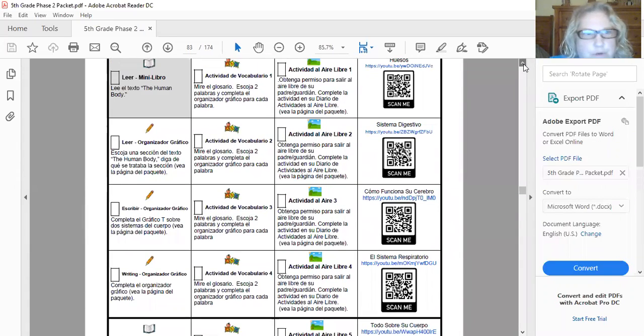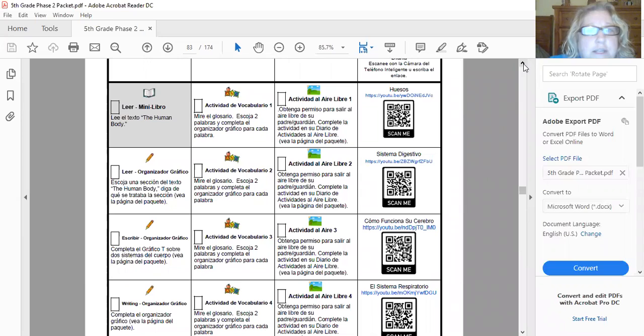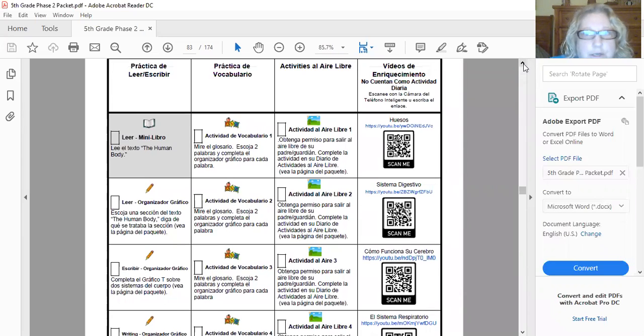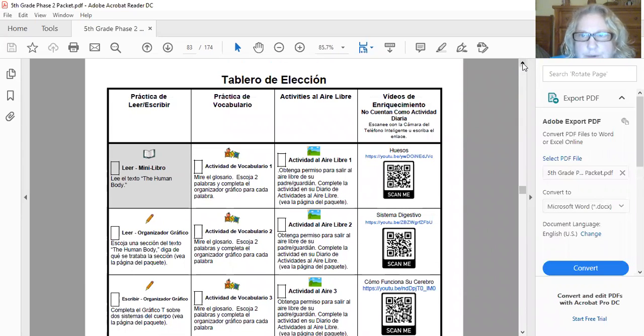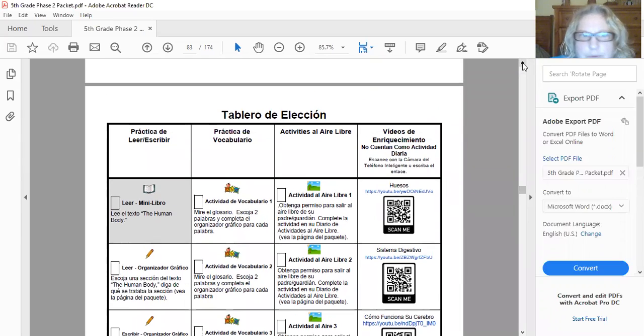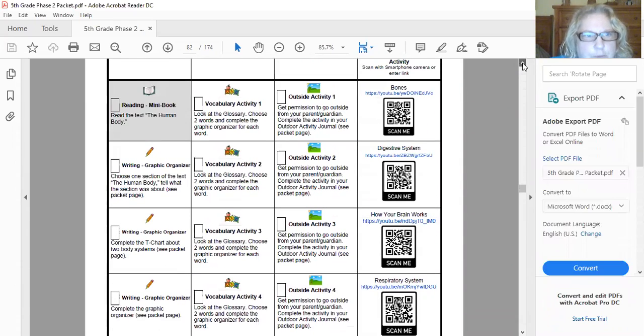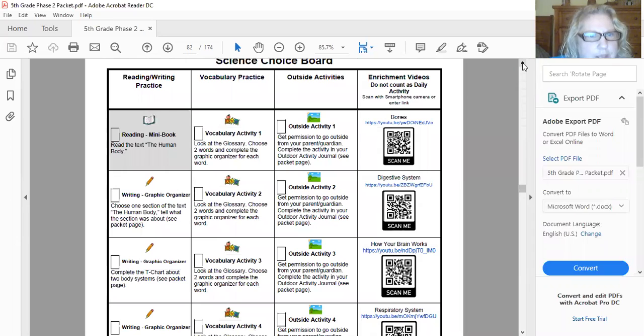Okay, here's the science board, and it is in English and in Spanish. Makes things a lot easier for people, especially if your mom and dad are going to be helping you. So here's all the vocabulary, reading in a mini book, outside activity: get permission to go outside from your parent or guardian, and complete an activity in your outdoor journal.